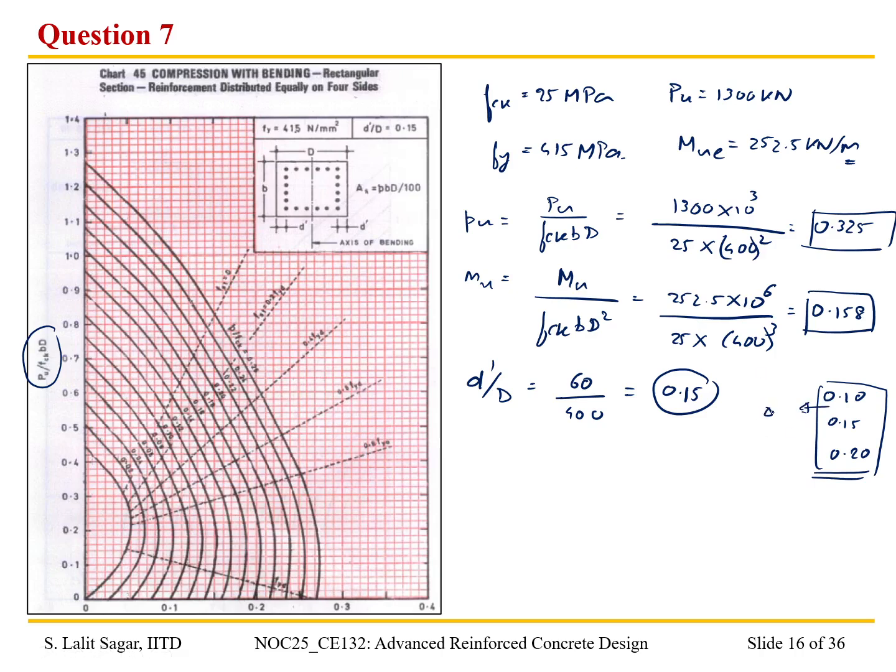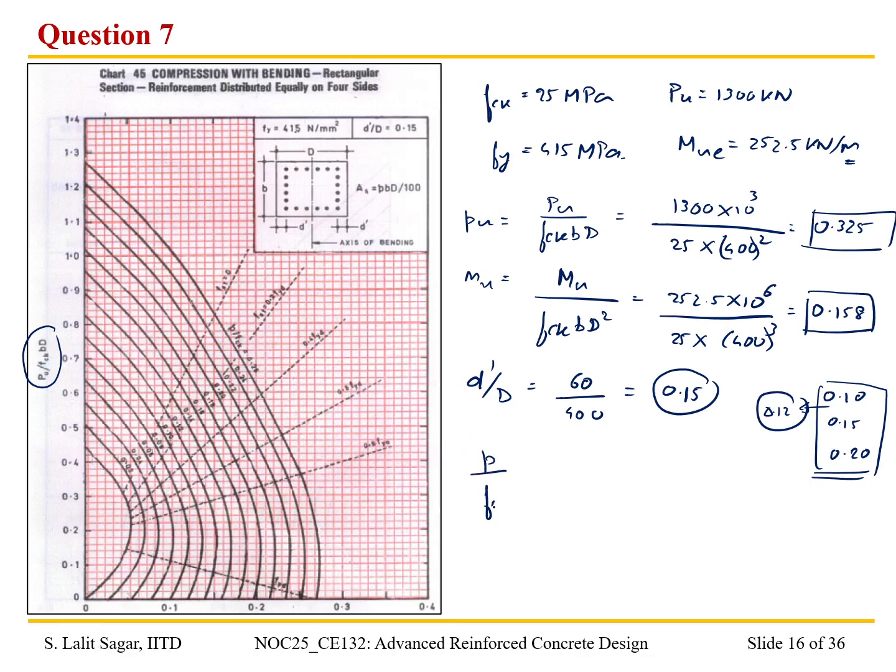That we are going to see in the next example. For the time being, let us proceed to find out p by fck from this SP16 chart. Here it is not very clear, so let me open the PDF file, and there we can obtain the value of p by fck.